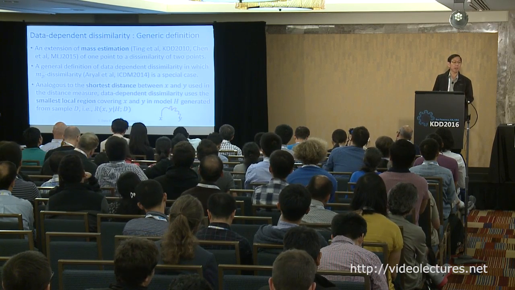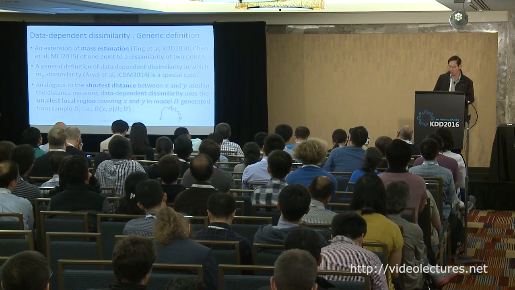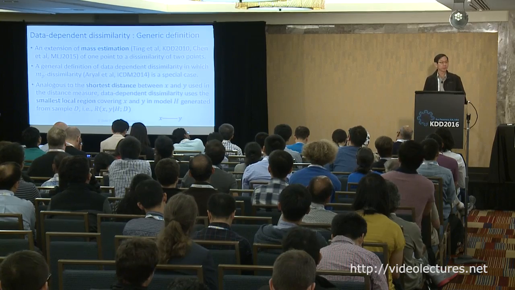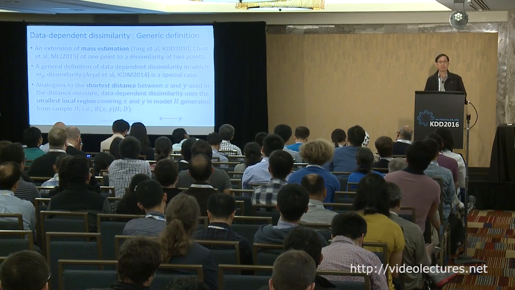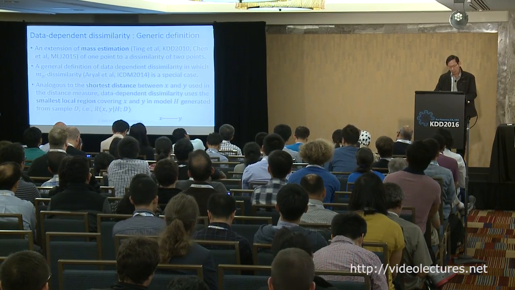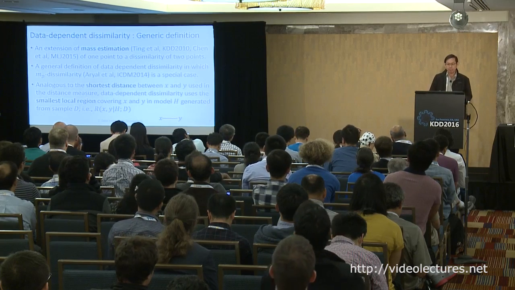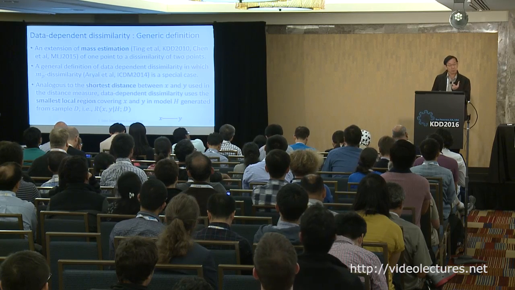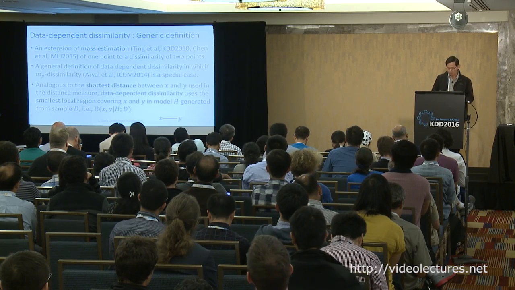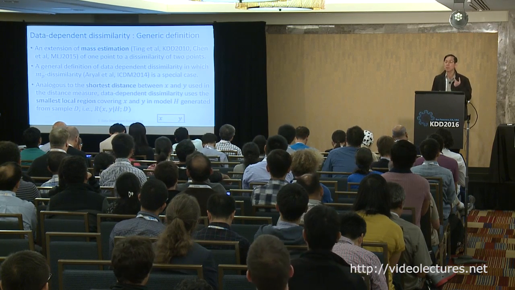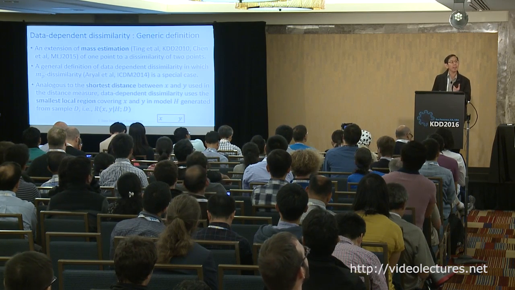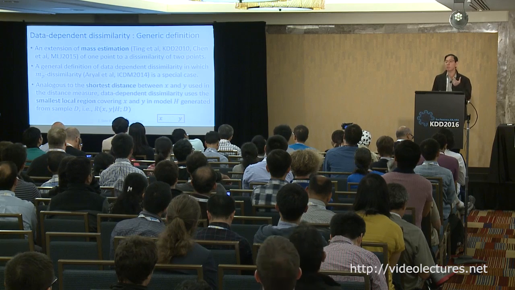What we want, in fact, is the shortest distance between x and y. If you use a data-dependent dissimilarity, then the fundamental primitive you use now is the smallest local region covering x and y, not any local region bigger than that.